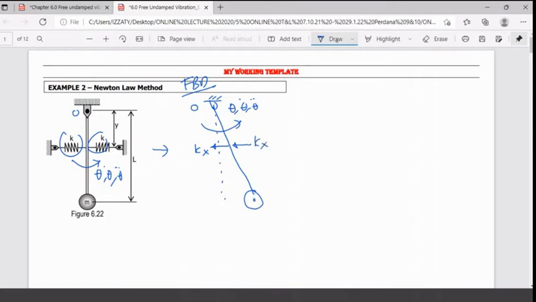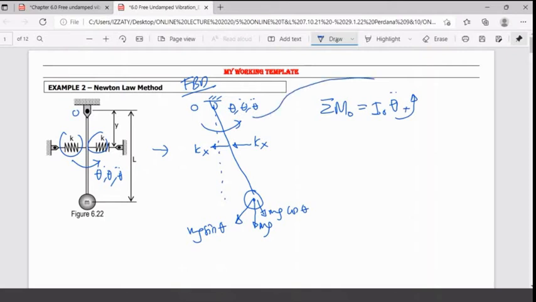Together with this, you have mg, and we have mg sine theta. Of course, it is not complete if you don't put mg cos theta, otherwise it's not correct. Then you find that everything is correct. By applying the equation, summation of moment about O is equal to I_O theta double dot, with rotation in this direction positive as given here.